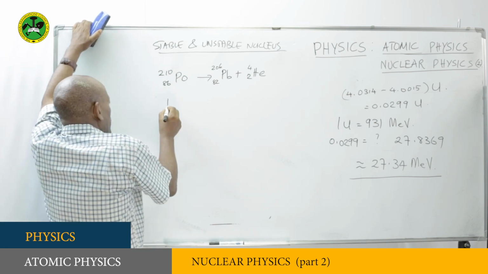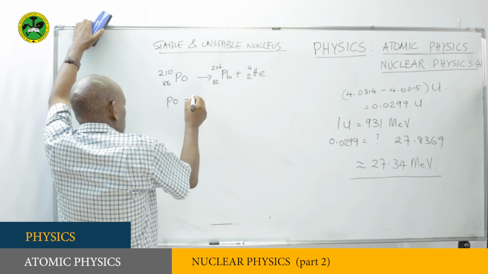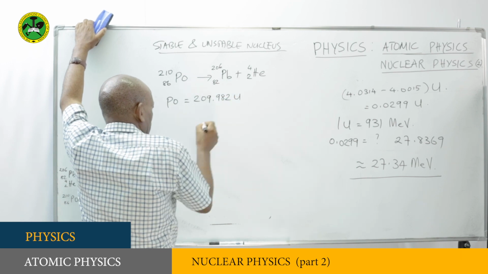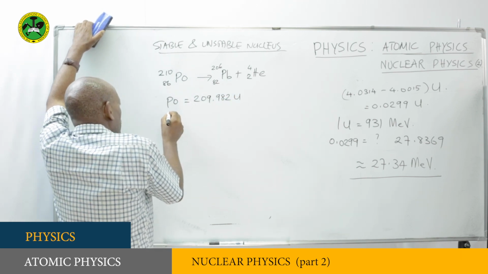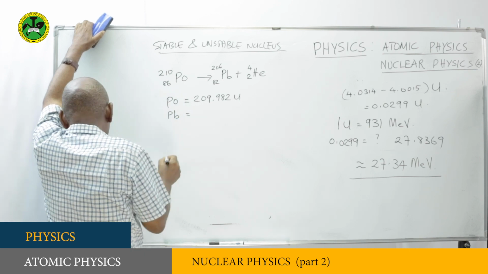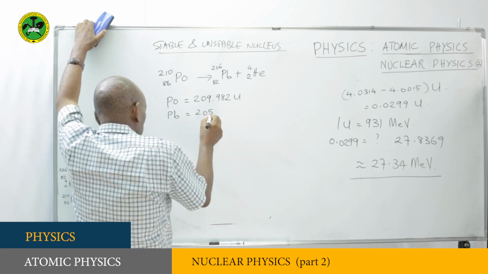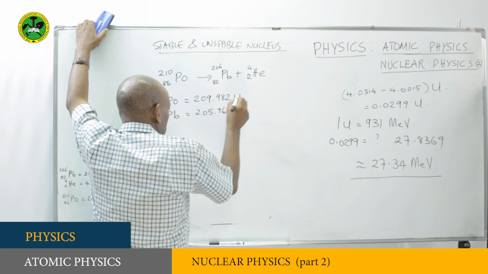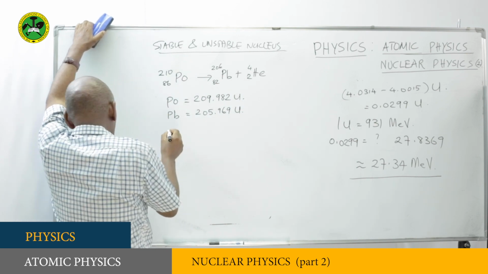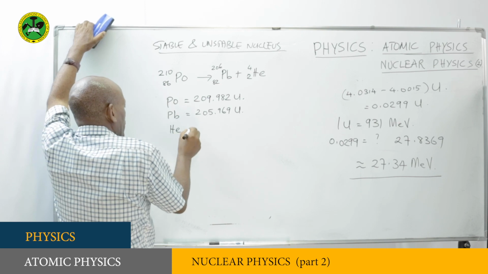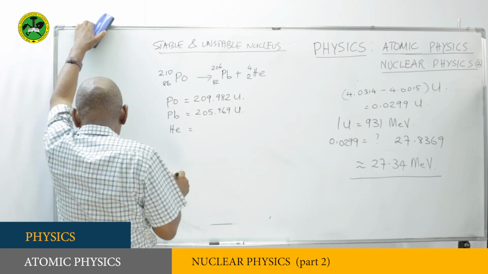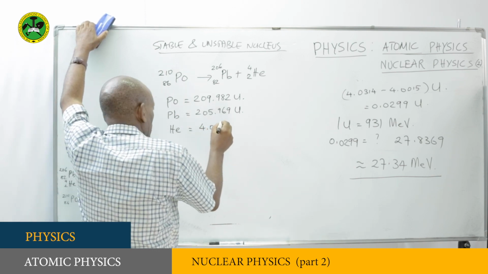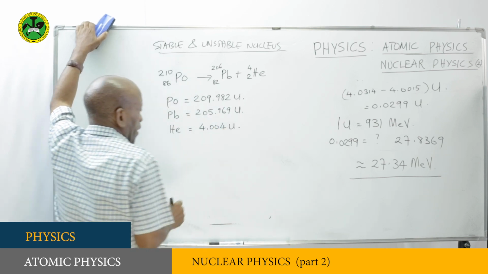The unified atomic mass of polonium is equal to 209.982 unified atomic mass units. For lead, this is equal to 205.969 atomic mass units. And for an alpha particle, that is a helium particle, this is equal to 4.004 atomic mass units.